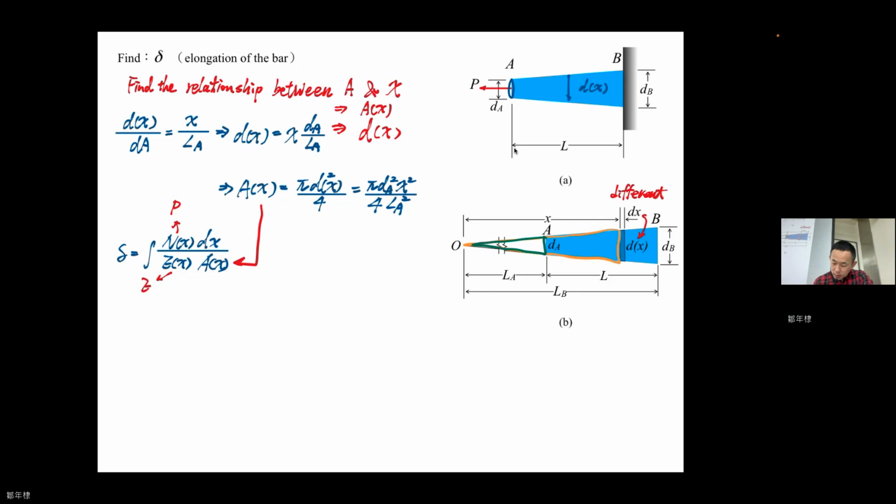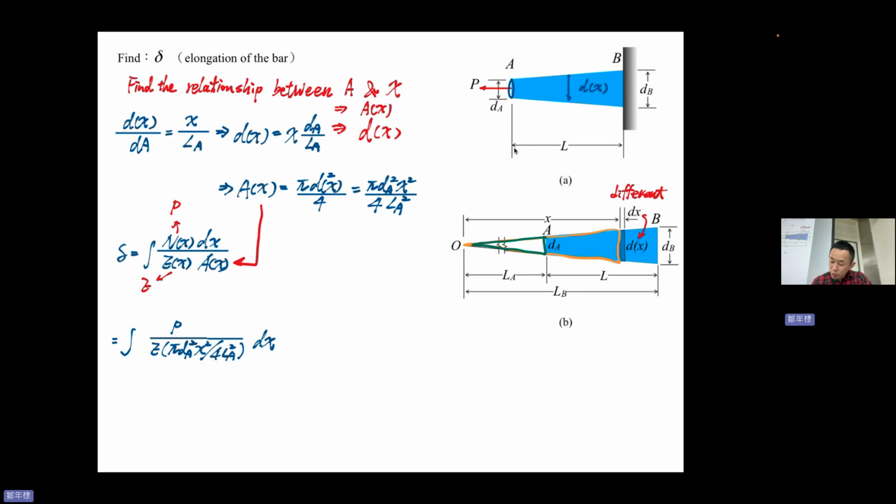Then we will do the integration. Integration P divided by E pi dA squared x squared divided by 4 LA square and dx.